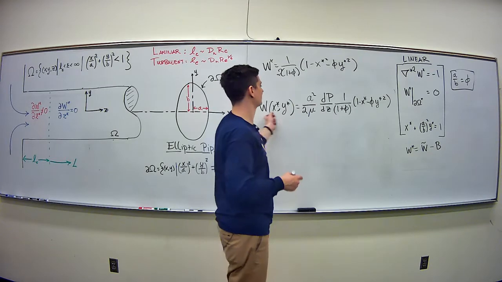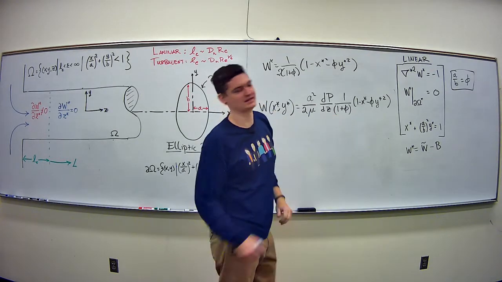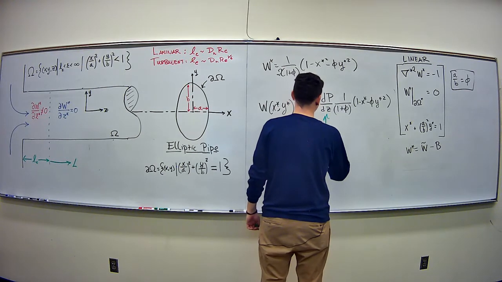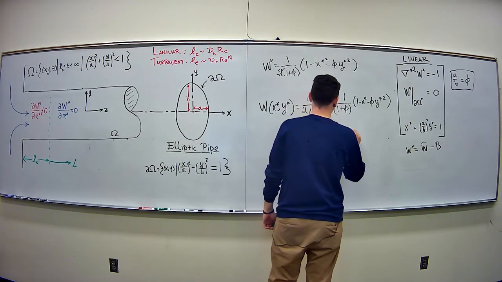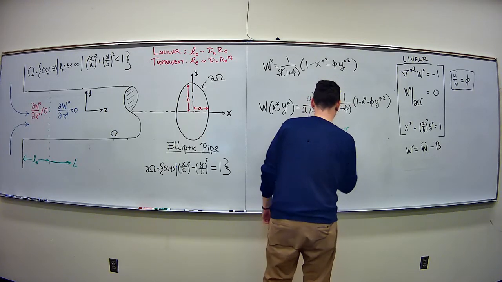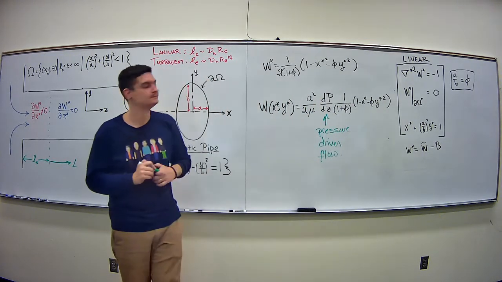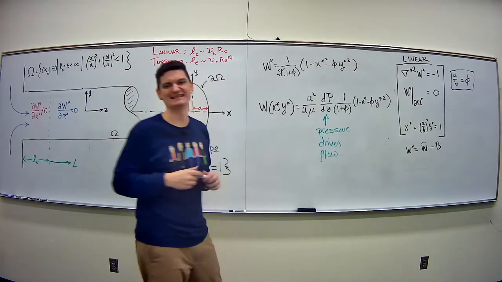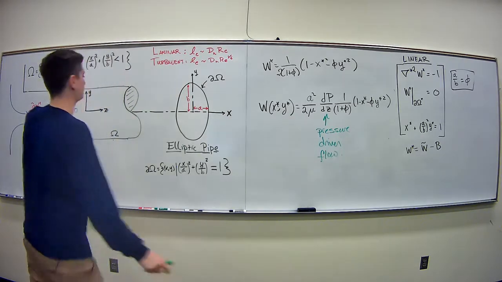You also see that the velocity profile scales by the pressure gradient in this expression right here. This is the concept of pressure-driven flow. The term right in here is the dP/dz, which is the pressure differential across this pipe.